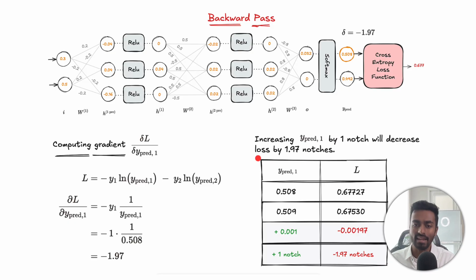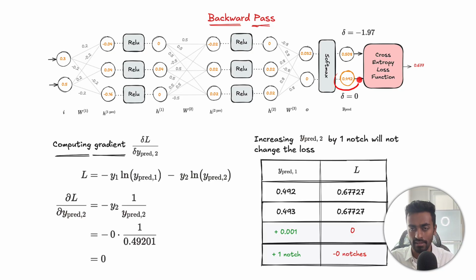This is a nice little empirical way to prove that the abstract gradient calculation actually works out to be true in real life. So it's pretty nice to verify in this way. Also, I'm just going to represent the gradient that we just computed by this delta symbol over here above the neuron. And we'll keep writing that across all neurons as we compute the gradients with respect to changing every neuron.